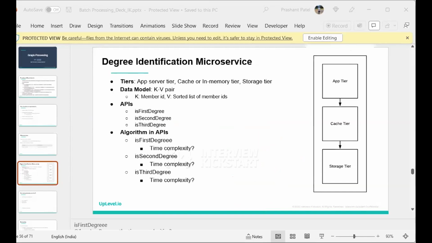It's like a graph problem. Could you explain how exactly? We know our start and end actually. We are given two nodes, and we just find out the degree between them from the start. Yeah, I got it.